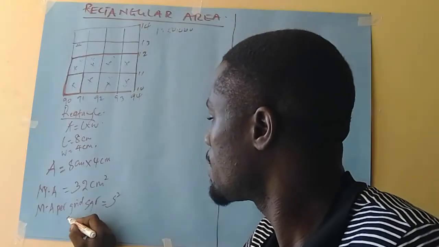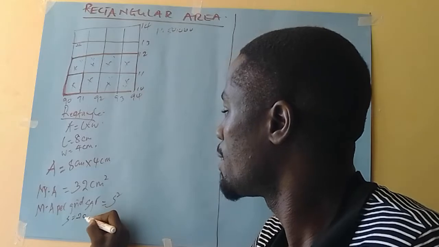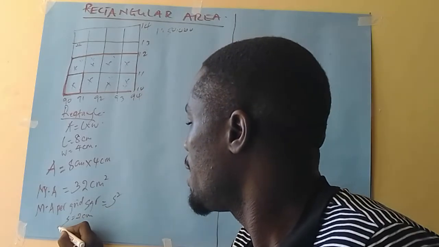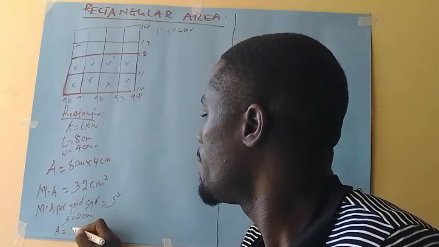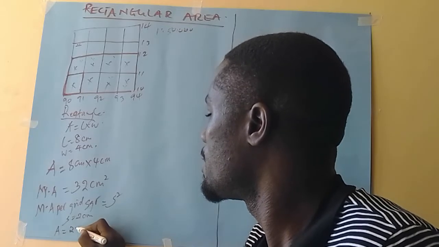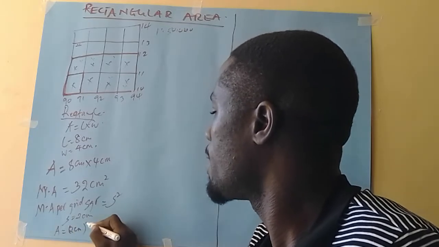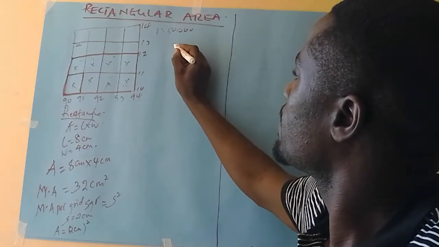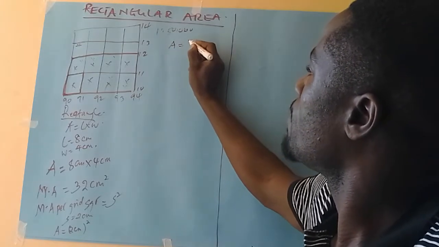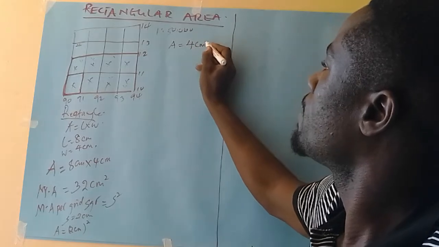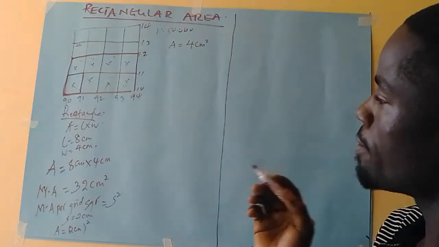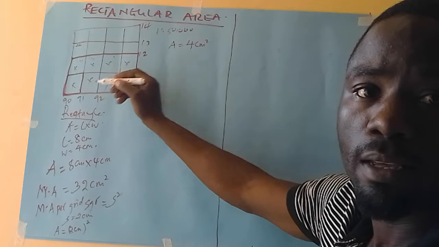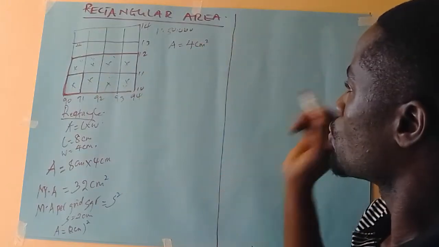So if the side is 2 centimeters, the area of a box is 2 centimeters squared, which gives us 4 centimeters squared. That is the map area per grid box. Every grid box is 4 centimeters squared.